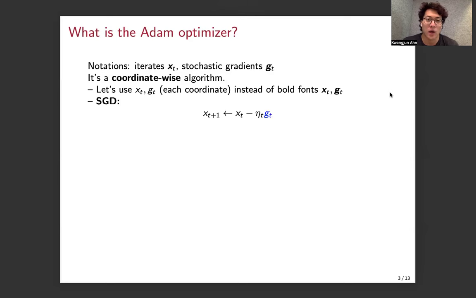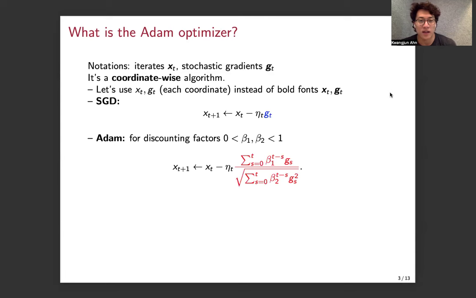For SGD, as we all know, during each iteration, it moves toward the negative direction of stochastic gradients with some step size. But Atom does a more complicated update where, for discounting factors beta 1, beta 2, typically chosen very close to 1, like 0.99, you compute this fraction of the aggregated value of g divided by the square root of the aggregated values of g squared, and then move toward that with some step size.